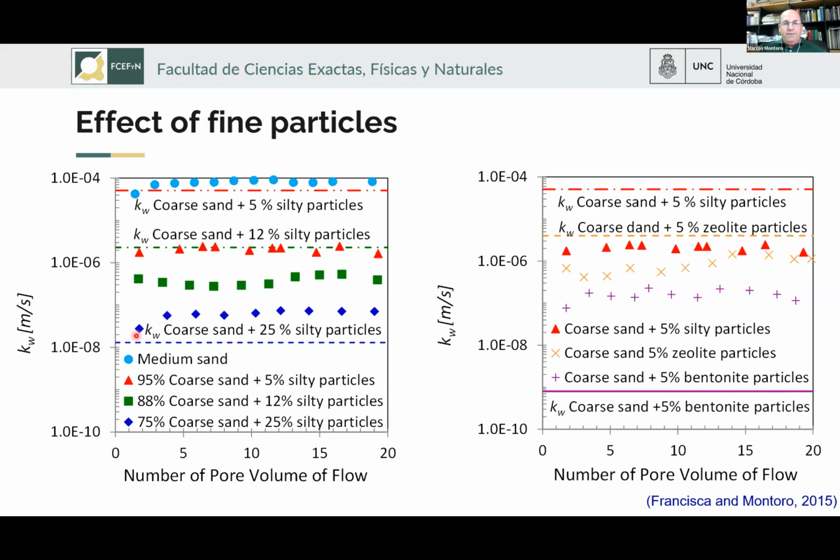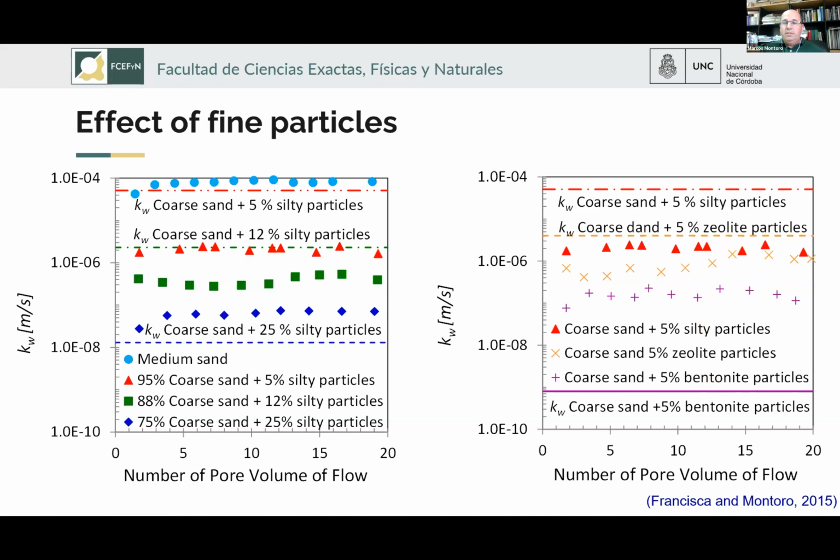But for the specimens prepared with 25% of silty particles and 5% of bentonite particles, hydraulic conductivities measured during the flushing process reached values higher than those measured for the clean specimen.